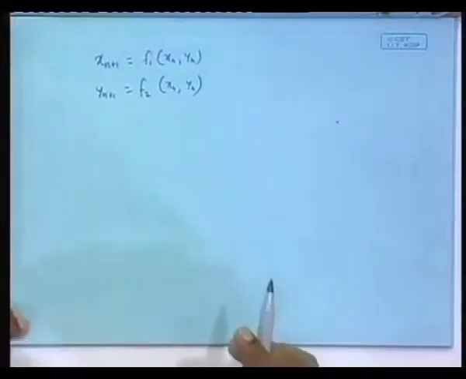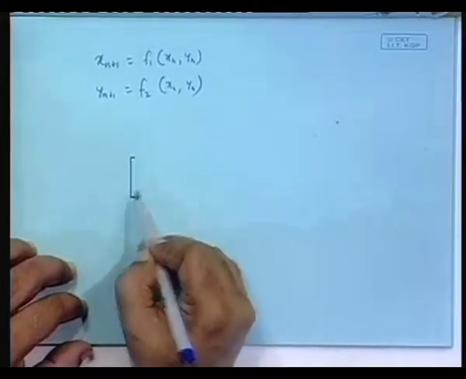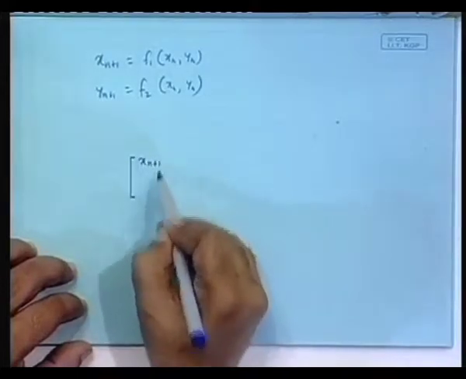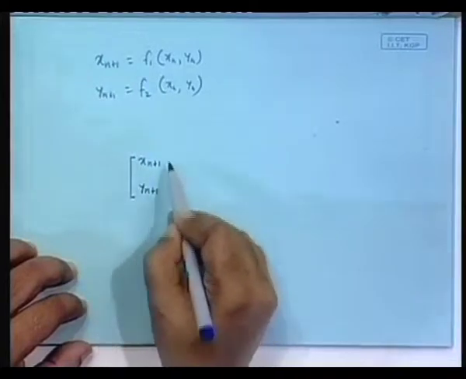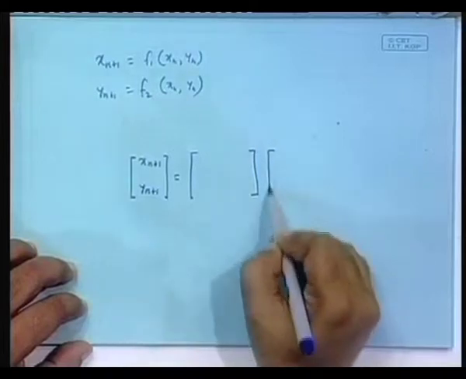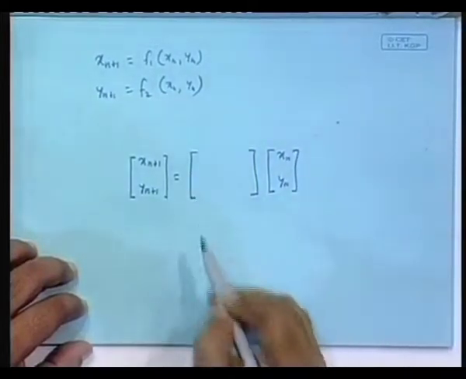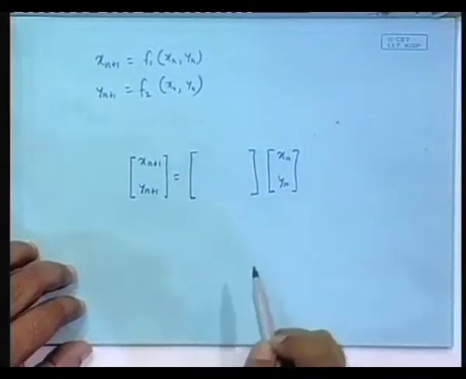Having done that, what we obtain is a linear equation: x n plus 1, y n plus 1 is a matrix times x n, y n. This matrix is the Jacobian matrix.